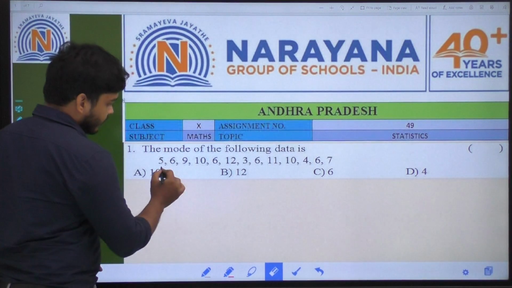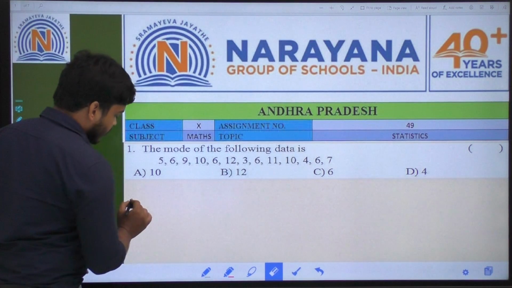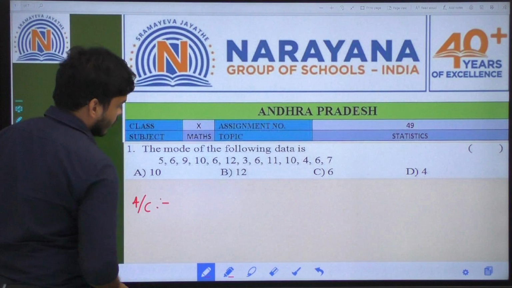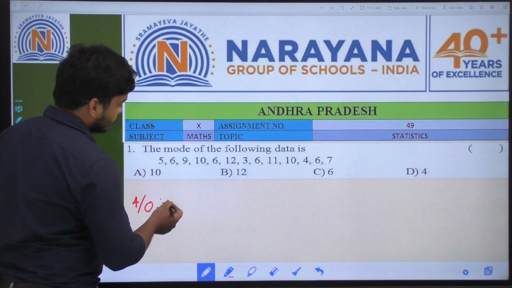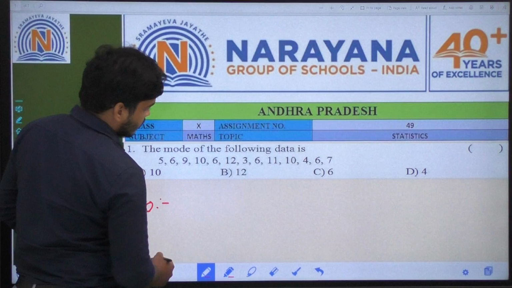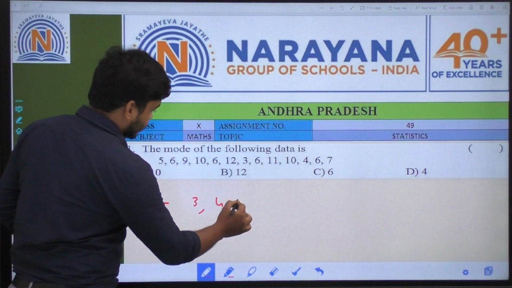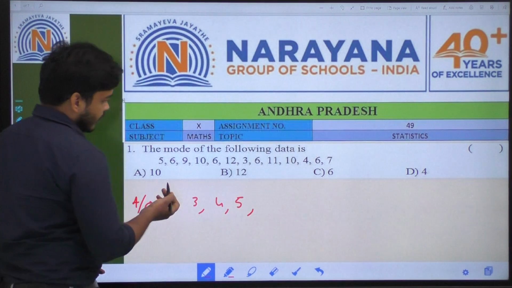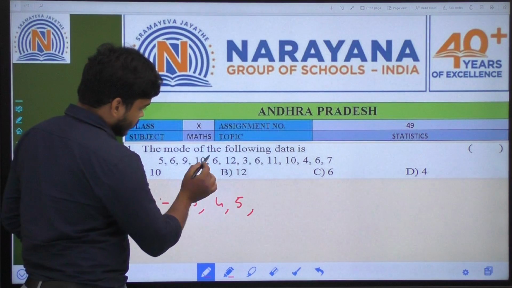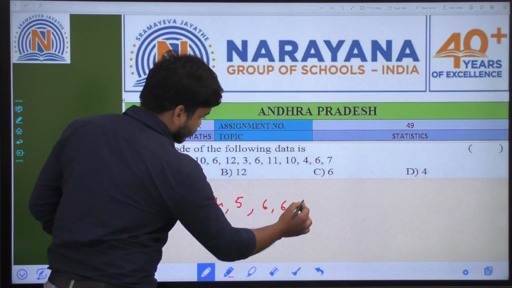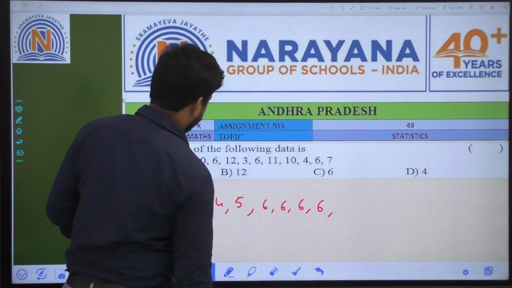So here the given data I have arranged in ascending order. The first one is 3, 4, 5, and here 6. Here 1, 2, 3, 4 sixes are there.